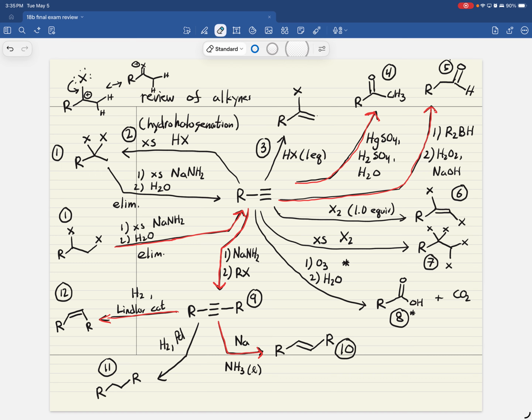Those are the four tools we have to form carbon-carbon bonds and lengthen the chain, and reduce to get alcohols, or oxidize to allow us to extend the chain again.